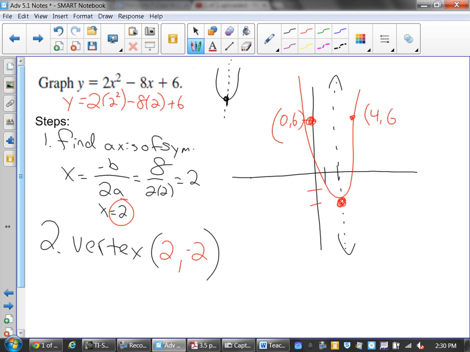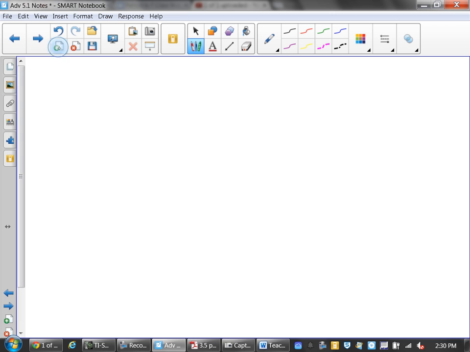All right? The other method is your vertex form. Your vertex form is going to look a little bit different than what you guys have seen in the past.